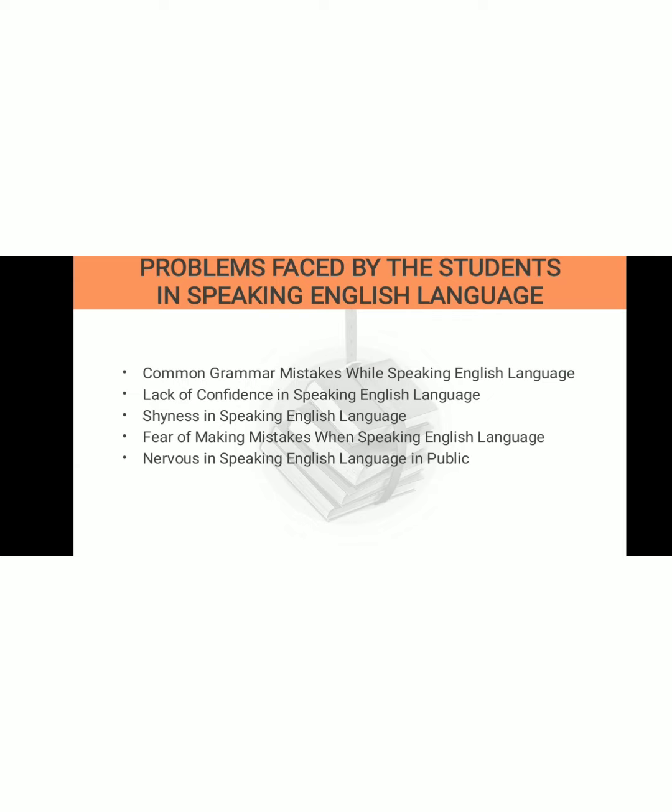The fourth is fear of making mistakes when speaking English language. Fear of making mistakes in speaking English language is also one of the big problems that usually the students face in speaking. Learning English language is a means of learning how to communicate with other people in speaking English language. The fear of making mistakes has resulted in failure in speaking English language with other people.